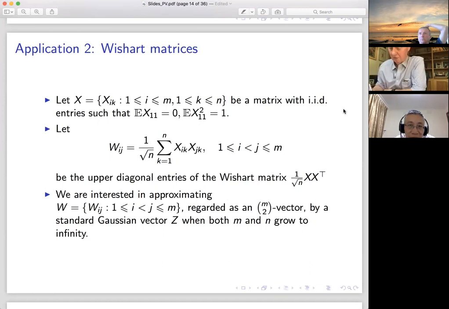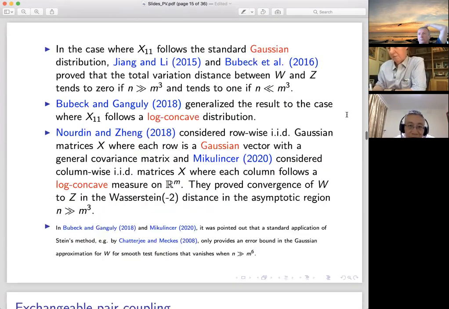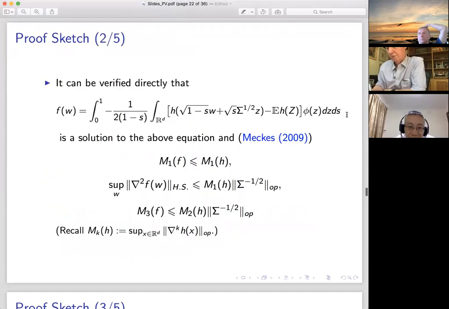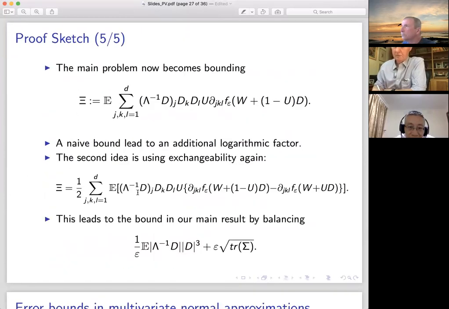You can do this exchangeable coupling. The only new idea in our proof is this step, where it's crucial that you can do this switching to go into the fourth order derivatives. Hopefully you can still deal with nonlinear statistics.